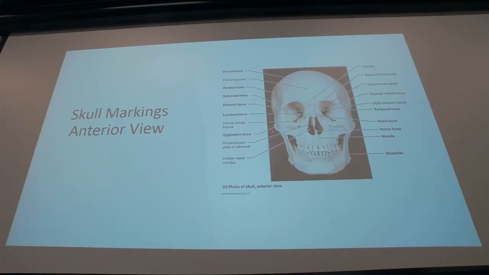Now here we have the zygomatic bone, which is our cheekbone. With blows to the face, this one can be broken. Same for the nasal bone. And then something that you can see here below the nasal bones is the bony septum of our nasal cavity, which is made by the perpendicular plate of the ethmoid and the vomer.